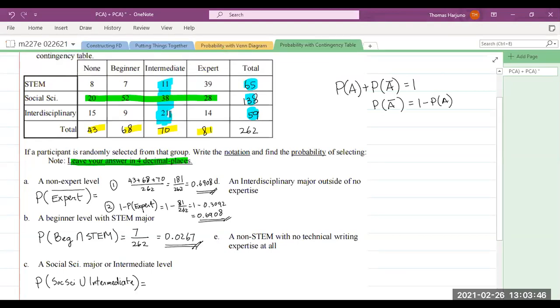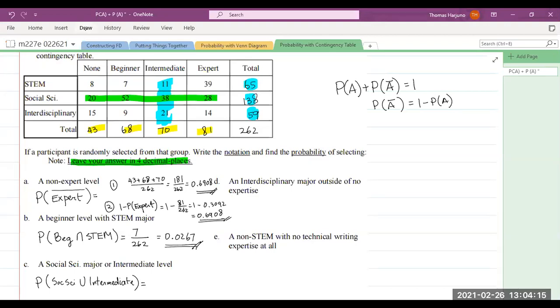Okay. Now, do not just add 138 plus 70. No, don't just add 138 plus 70. Why? Notice that in that 138, you already include 38, right? And in this 70, you already also include that 38. In other words, that 138 and that 70, if you add them, you would have double counted 38.